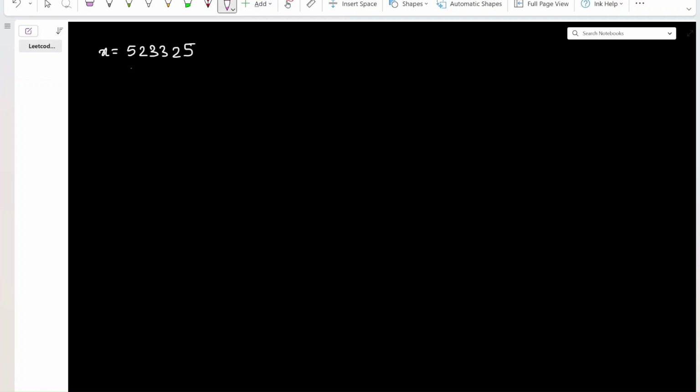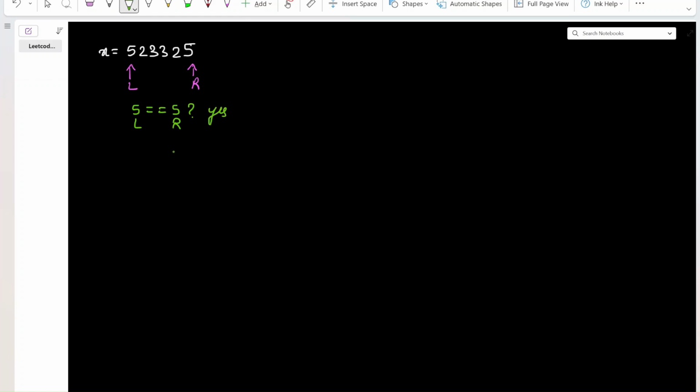So our leftmost digit is 5 and our rightmost digit is also 5. So we have got these numbers. Next, we need to check whether the leftmost, which is 5, is equal to the rightmost. So this is left and this is right. Is it true?